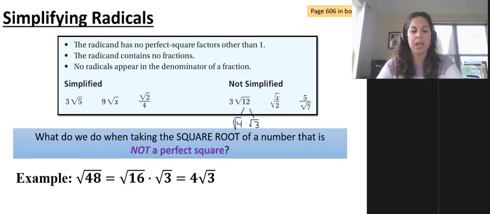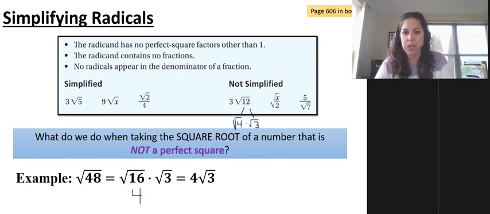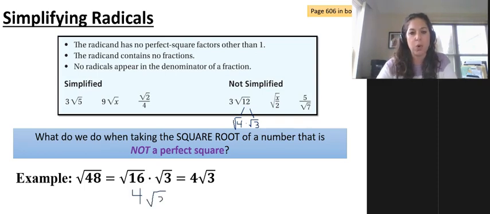So 48 can be broken down into the square root of 16 times the square root of 3. Square root of 16 can be simplified to 4. Square root 3, there is no perfect square that multiplies to give us 3, so we leave the answer as 4 square root 3.